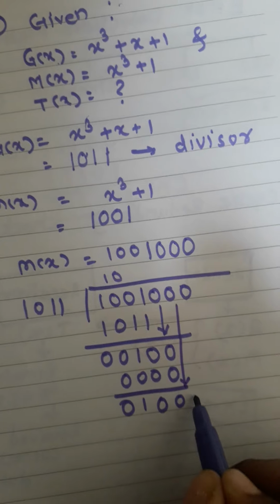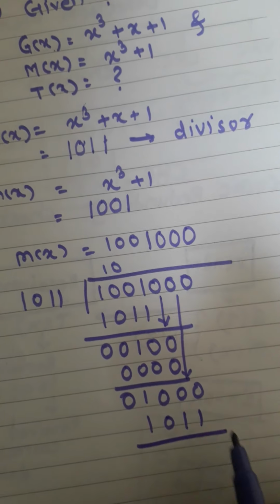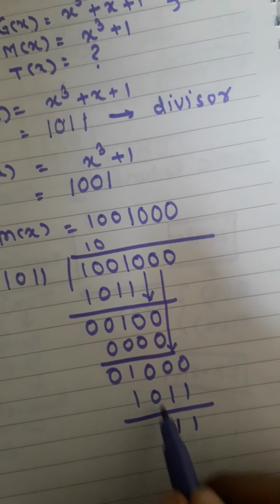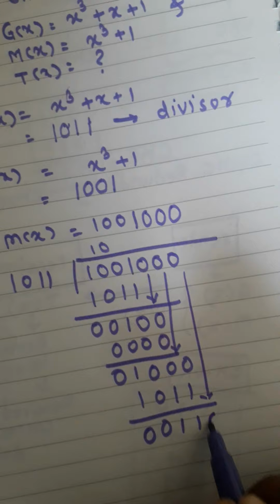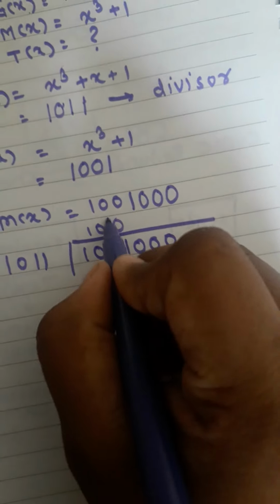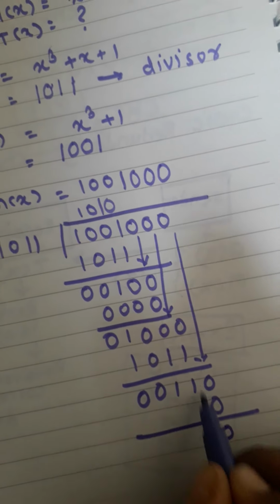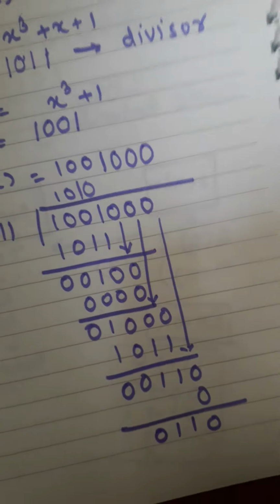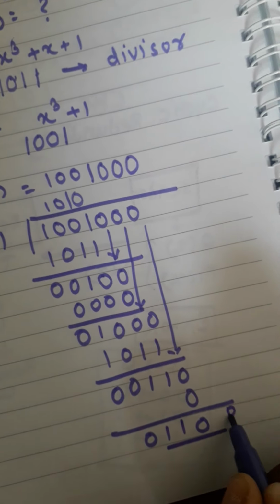So take this 0 here. 1, so 1011. 011, 011, 000, 110. Take this 0 here, again 0, right? So I will put 0 here. 000110. Done. Now this is our final remainder.